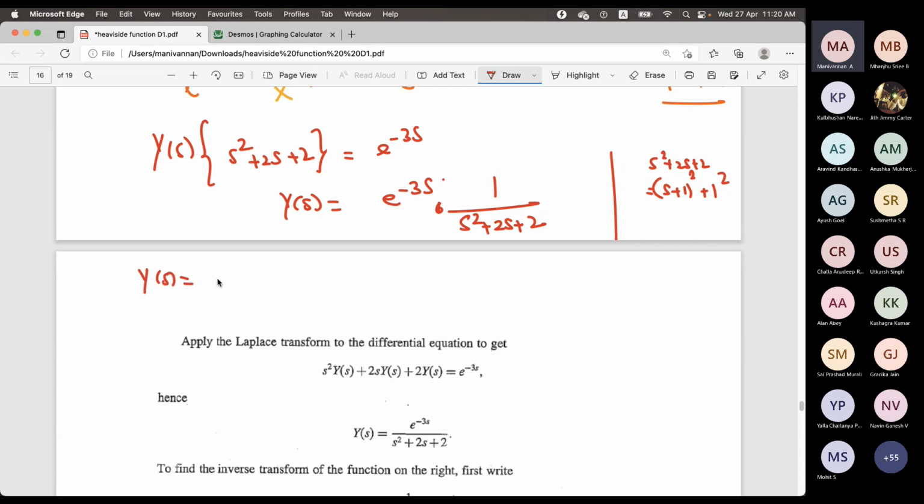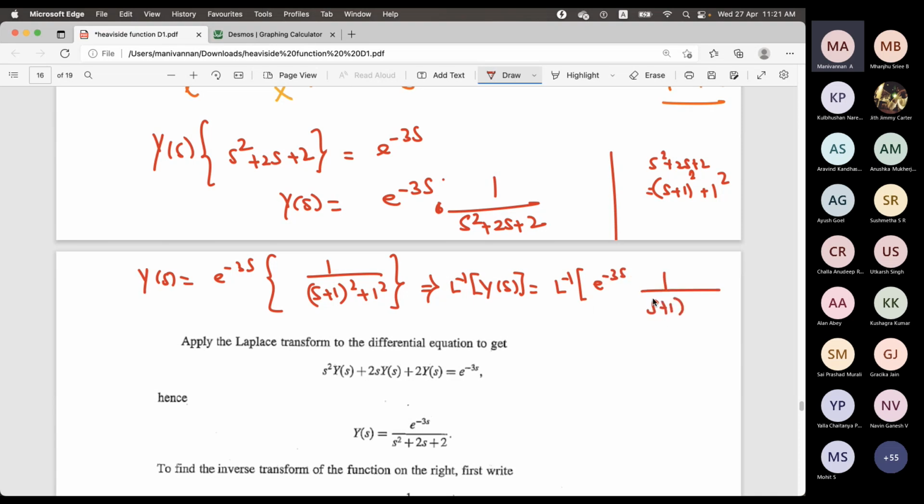So y of s is e raised to the power minus 3s times 1 divided by s plus 1 whole square plus 1 square. Applying L inverse, we are not going to consider the exponential further; it is just h of t minus 3.